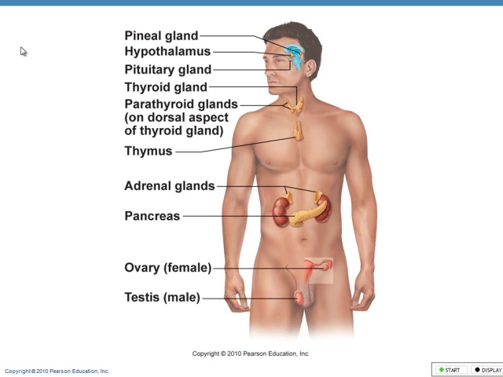They work differently. So we're going to talk about that mechanism of action between the two different types of hormones. This is kind of like a vocabulary chapter for you, because we're going to lay down the base in this chapter, and then through the rest of the semester we're going to talk about all of these guys more specifically when we hit that system.